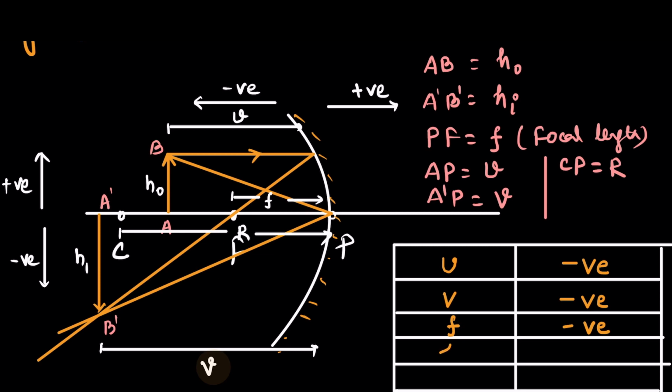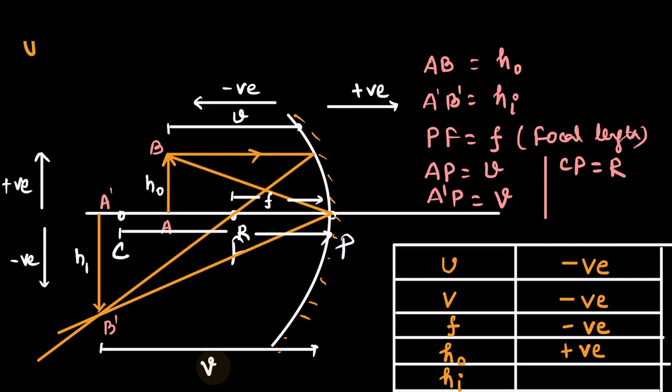Then height of object. Height of object is, as you see, here is the height of object. So it is in the positive direction. So that's why it is considered as positive. Height of image. This is in the downward direction.